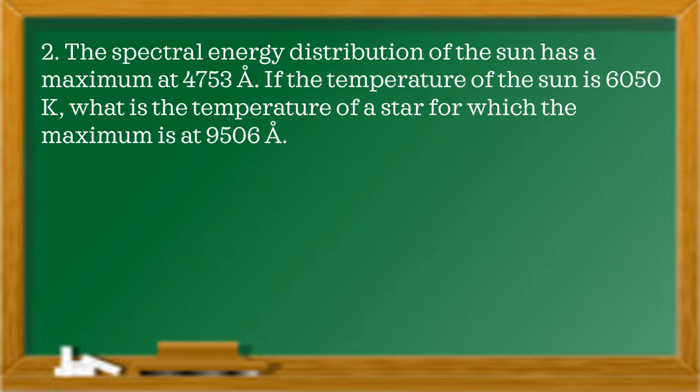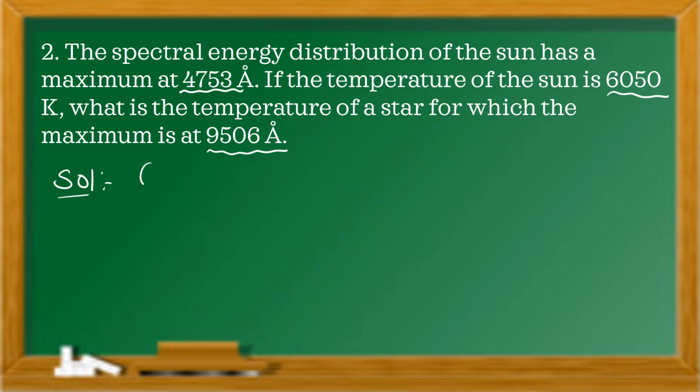So in this question they gave the spectral energy distribution of the sun has a maximum at 4753 Angstroms and the temperature of the sun is 6050 kelvins, and we have to calculate the temperature of the star for which the maximum is at 9506 Angstroms. Let us come to the solution.